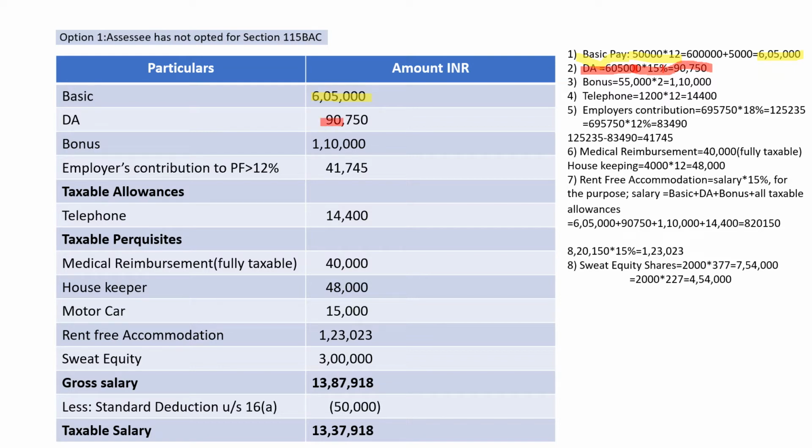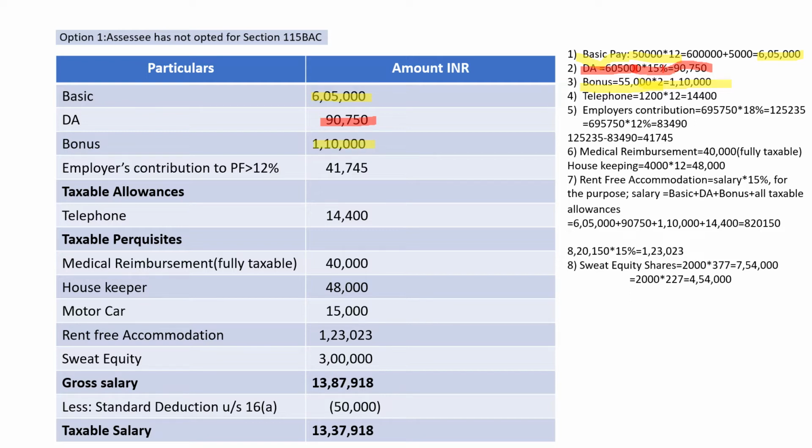That is what I have written here. Then bonus. He has mentioned that it is of 2 months. So first month salary is 55,000. For 2 months, salary is into 2. Then 2 months salary will be 1,10,000, and this is our bonus.